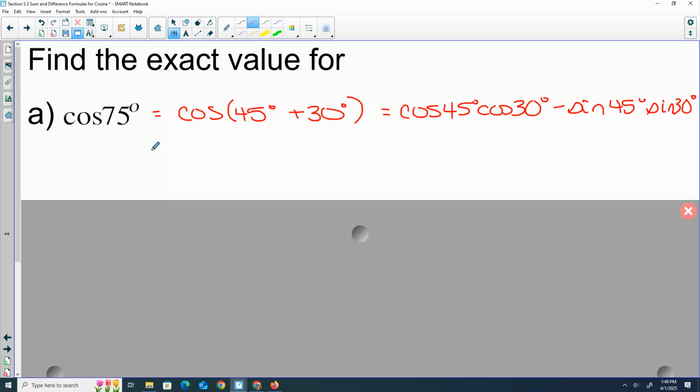Alright, so cosine of 45 degrees on our hand trick: cosine is the square root of the bottom over 2, so cosine of 45 is radical 2 over 2, times the cosine of 30, square root of the bottom over 2, radical 3 over 2. Minus sine is the square root of the top over 2, so sine of 45 is radical 2 over 2. Sine of 30, square root of the top over 2, is 1/2.